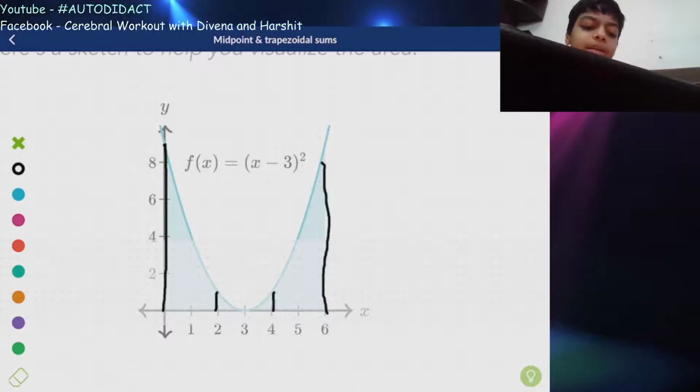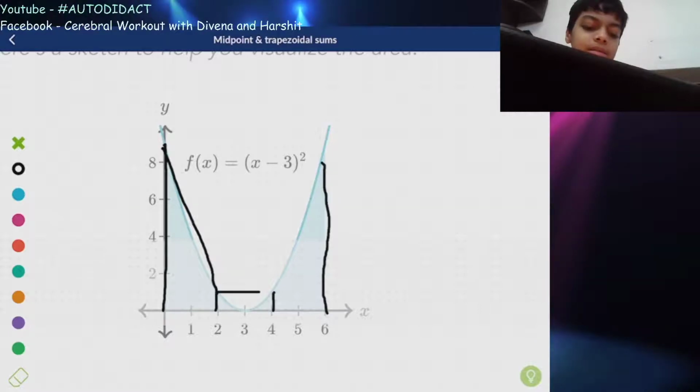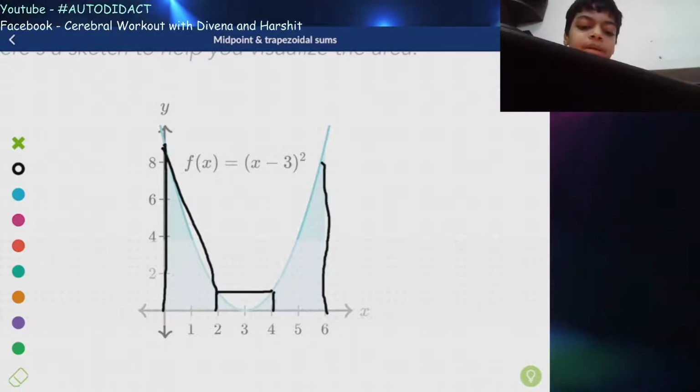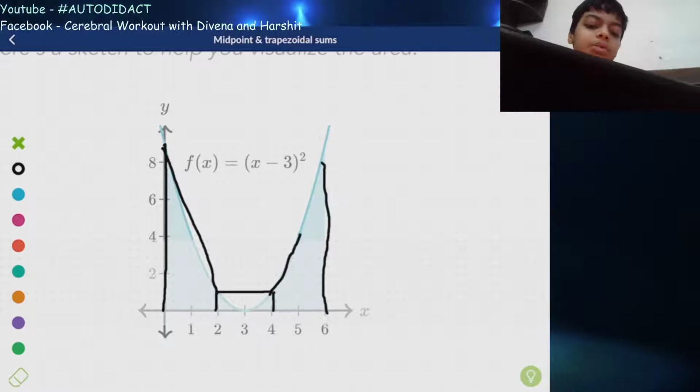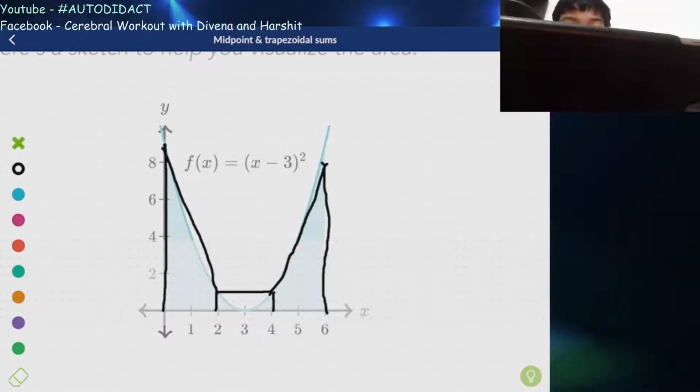Okay, so if we connect the dots, what will this become? This will just be like this and like this. This will actually be a type of rectangle, not a trapezoid. If you connect this, okay, so let's find the areas.